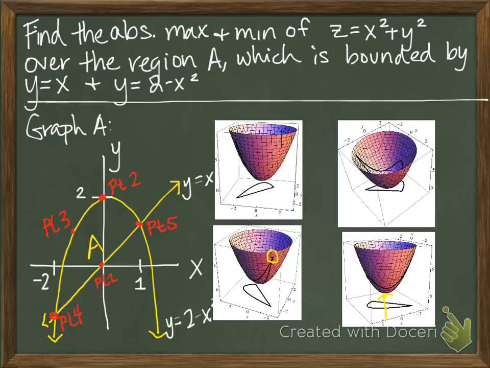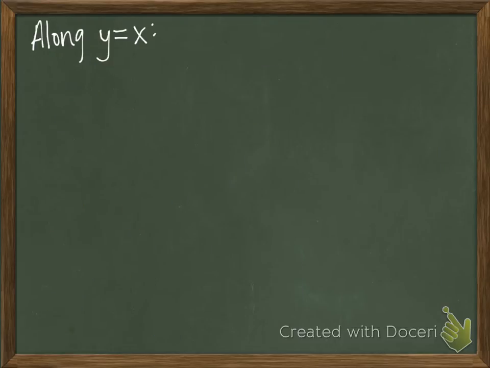And it's going to be similar to what we just did. Along y equals x, then we have z. Z we know is x squared plus y squared, so z is going to become x squared plus x squared. And so we're just going to get 2x squared.